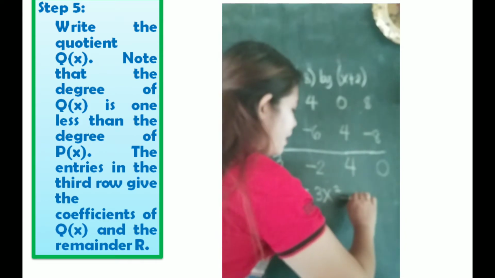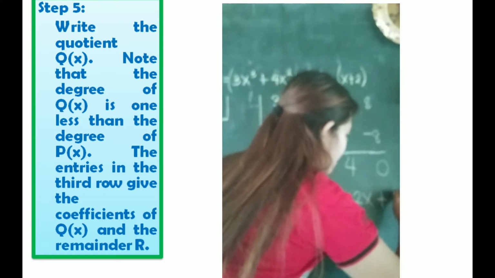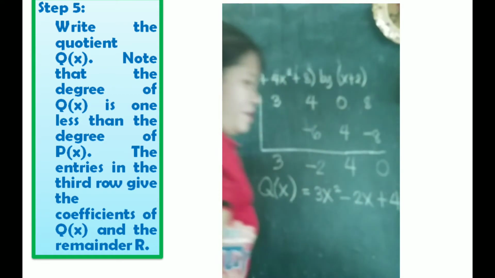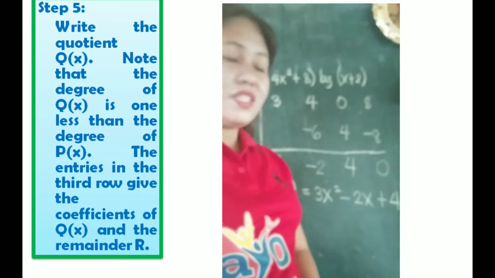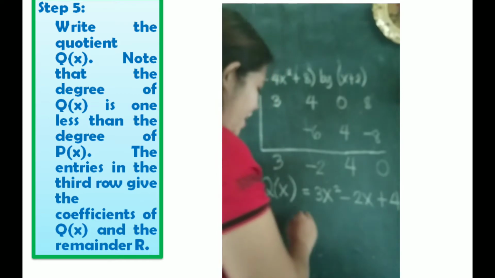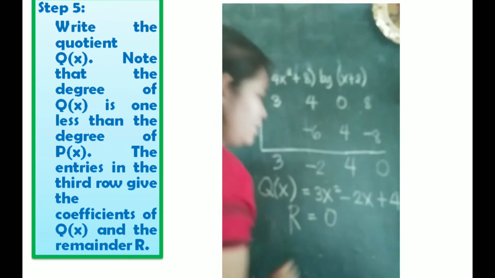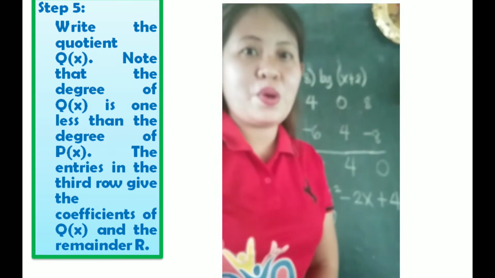Next, minus 2x plus 4. Oops. The last number is 0, meaning to say your remainder is equal to 0.